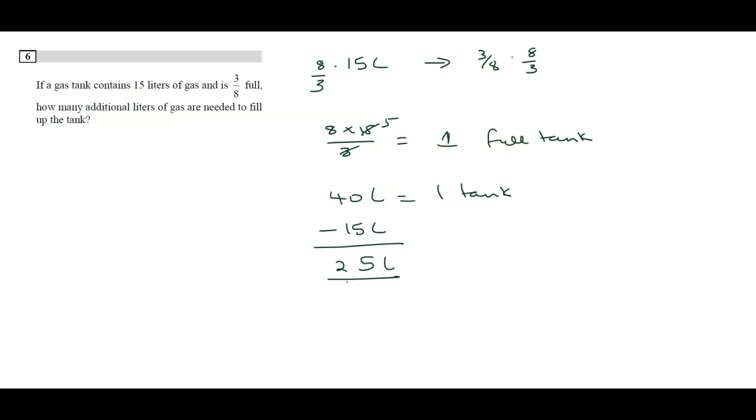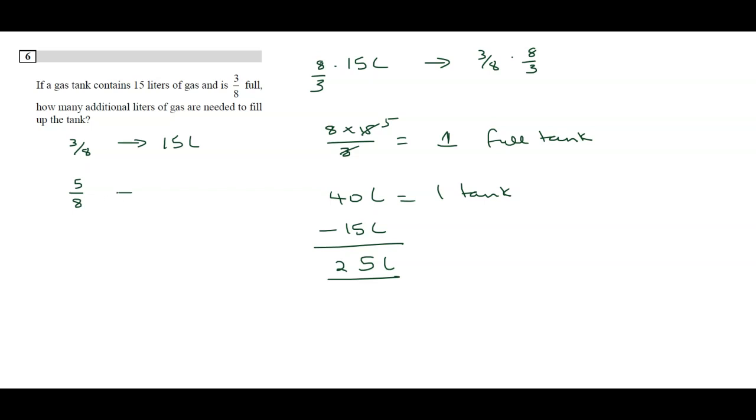There is a different way to go about this, and here's how it goes. 3/8 of a gas tank represents 15 liters. We want to find out 5/8. So what do you do to get 5/8 from 3/8? You can ignore the denominator for now because they're the same.